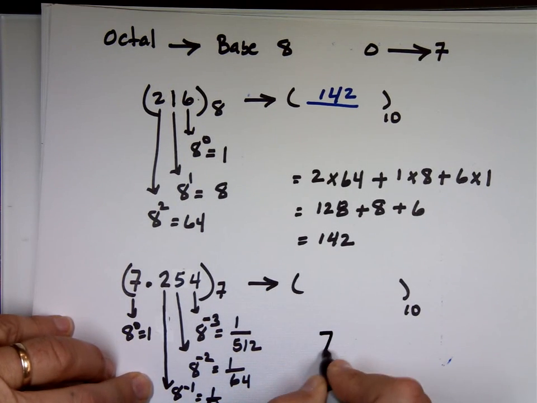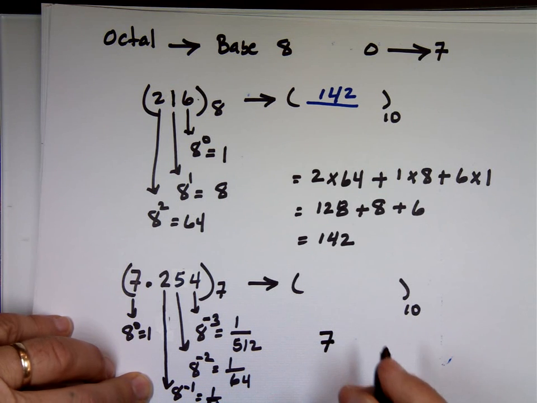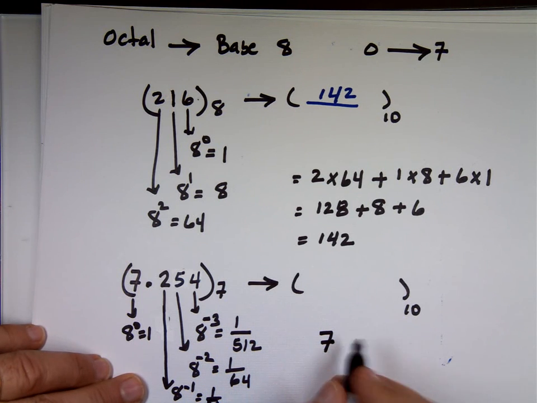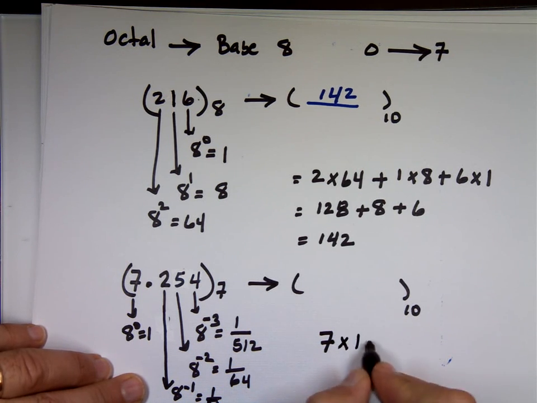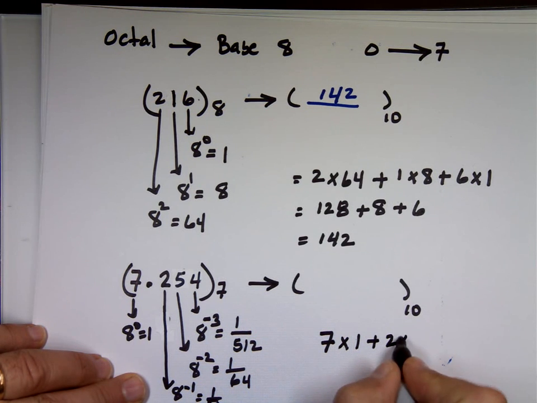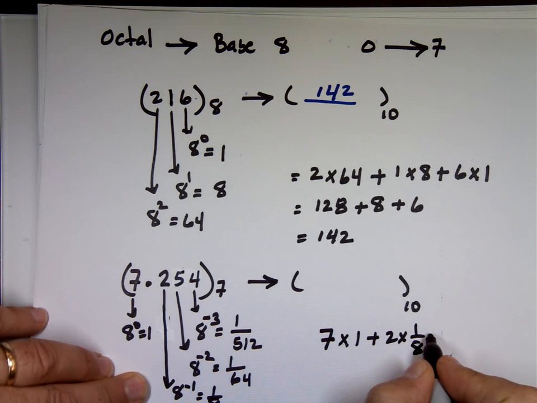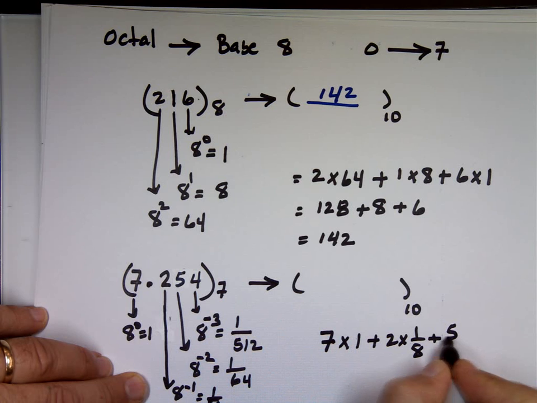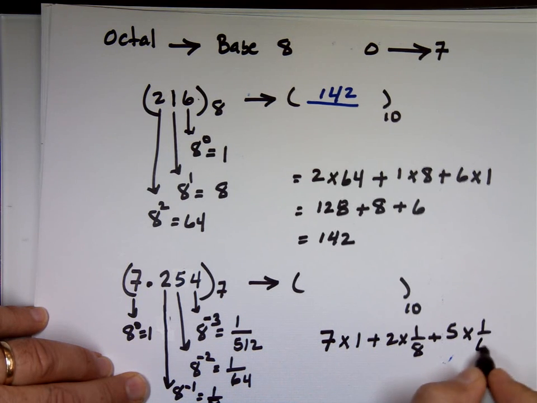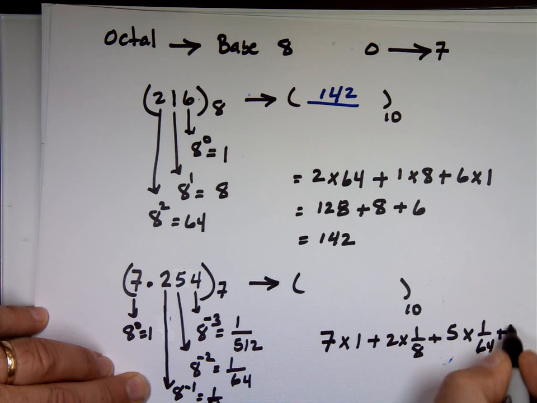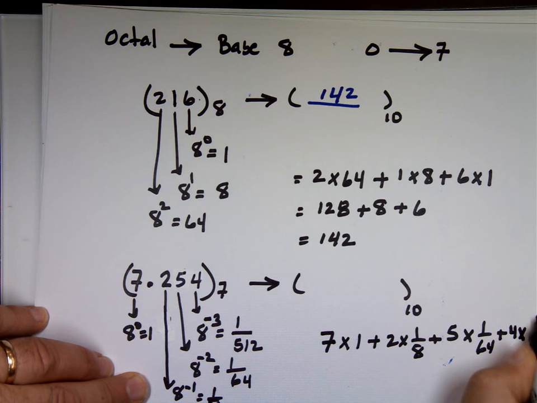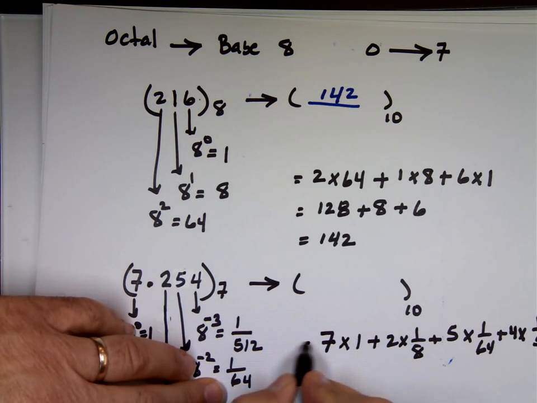Seven times 1 plus 2 times 1/8 plus 5 times 1/64 plus 4 times 1 over 512. 7 times 1 is 7.